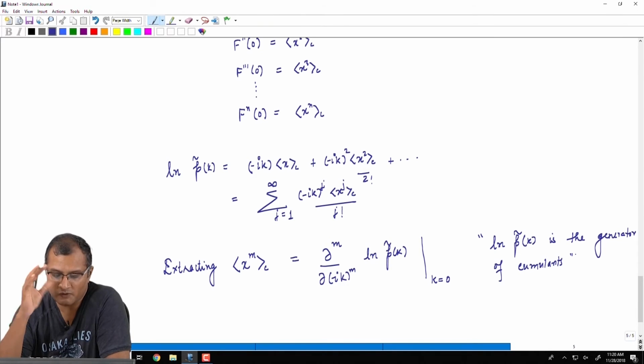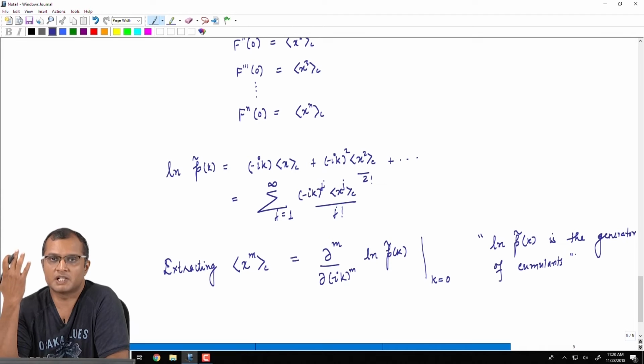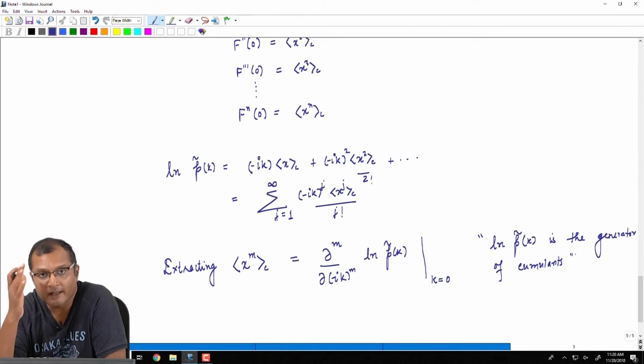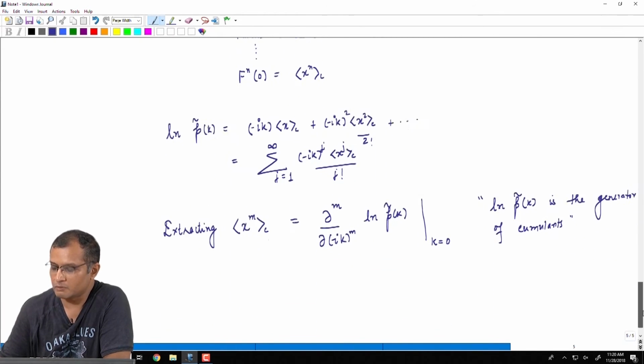So far, cumulants are again these fictitious objects which have not been related to any physical observation. So, we will now connect these moments with cumulants, and the natural meaning of these cumulants will automatically arise.